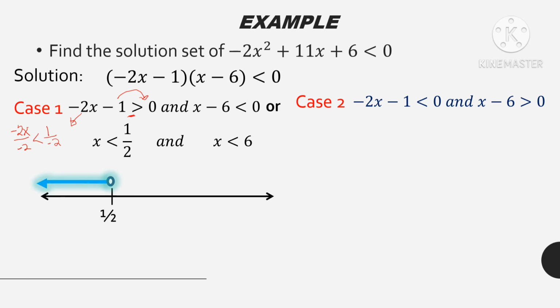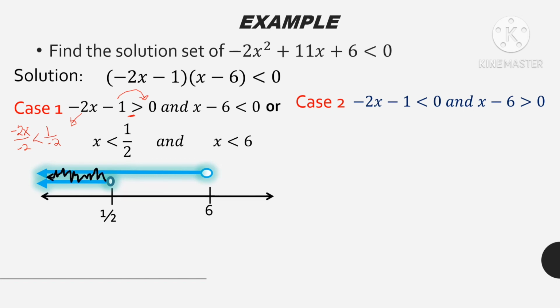Then the graph of x less than 6 is next. We locate positive 6. So 6 is not included. So when you see x is less than 6, meaning the graph is going to the left.